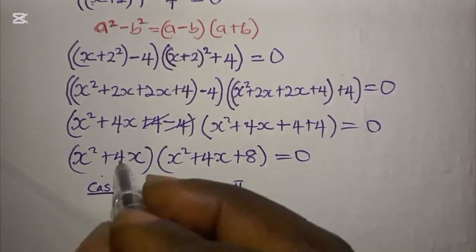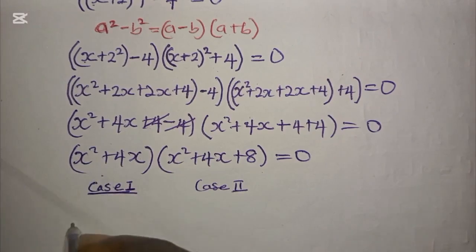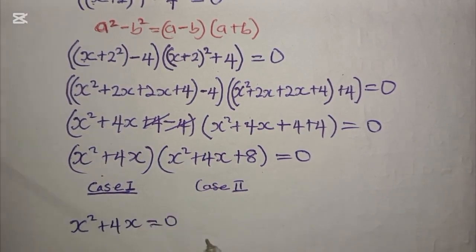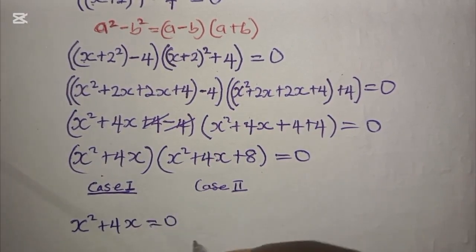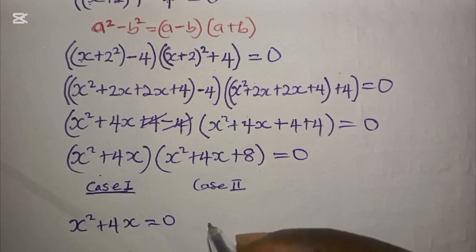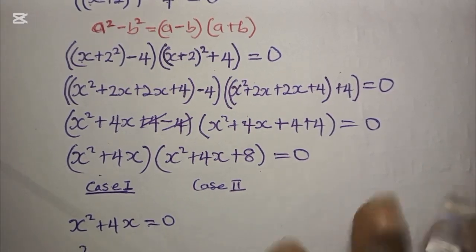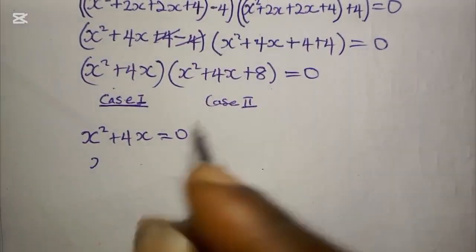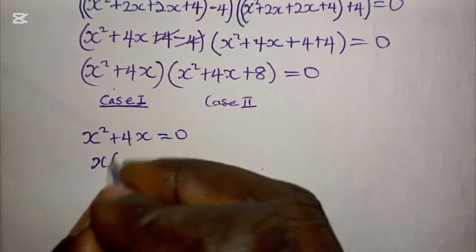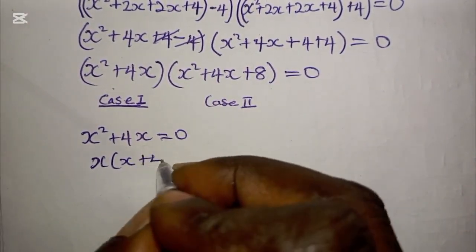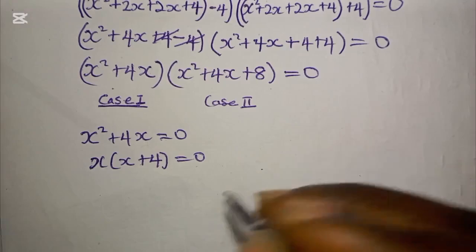So for the first factor, which is x squared plus 4x equals 0, we can factorize. So if we factorize, we are going to have x(x + 4) = 0.